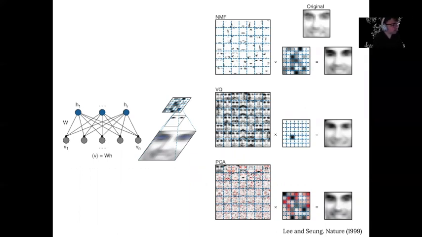Here is an example from this paper in Nature from Sebastian Seung. The idea, if you look on the left, is that you have the gray circles. The gray circles represent all the measures that you can have, and among these measures there is some redundancy. There are main factors that you can extract that together can reproduce your original image.